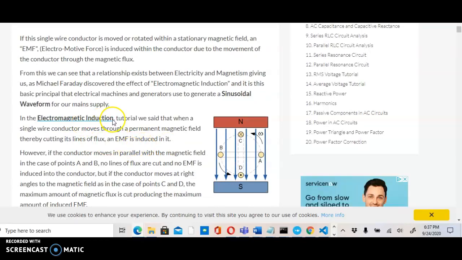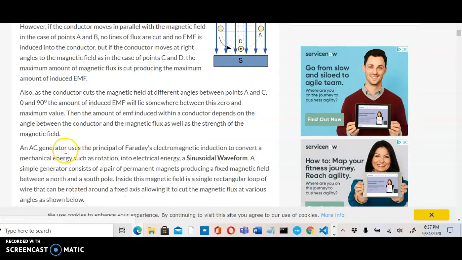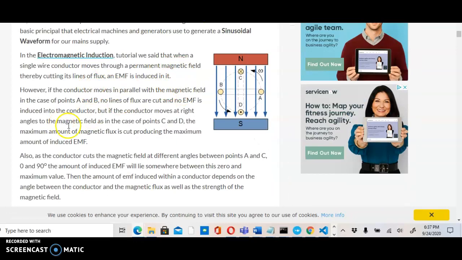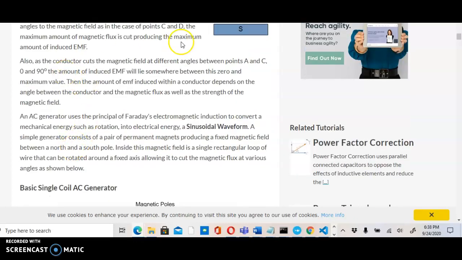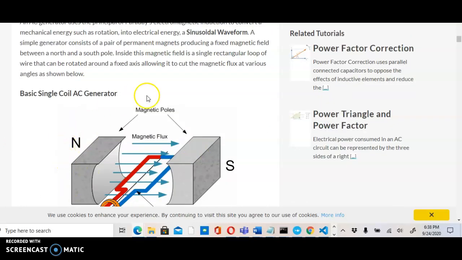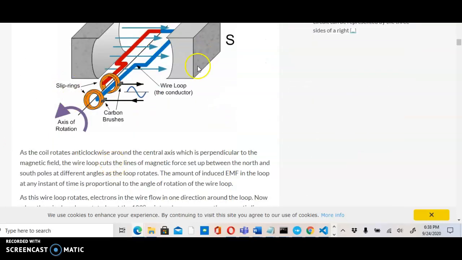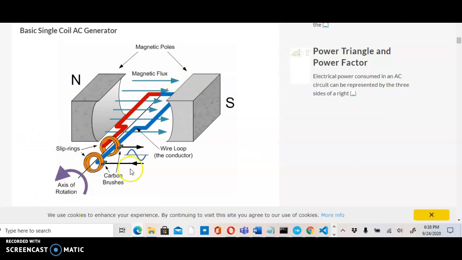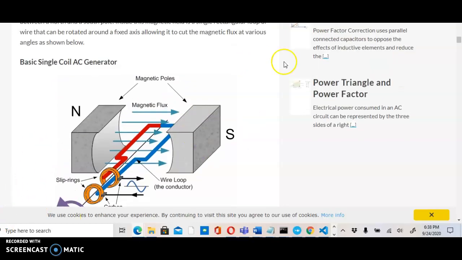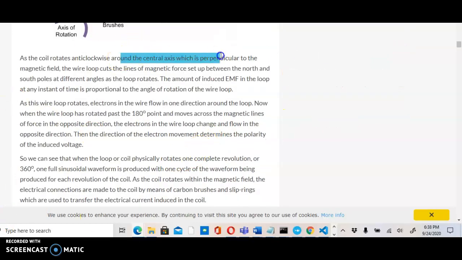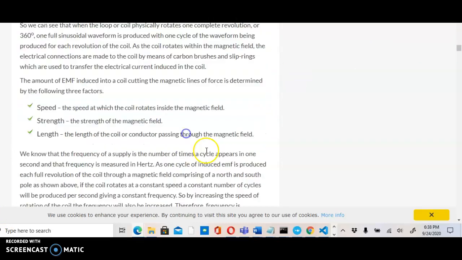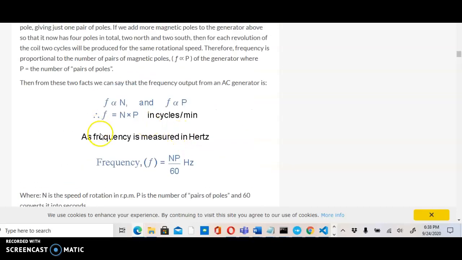Then you have electromagnetic induction, which is the EMF, and sinusoidal waveforms going on, and you have a magnetic pole, you have a magnetic flux in the middle, rotation is happening, you have this EMF in the loop going on, and you can calculate the frequency in hertz, which is 1 over 60 hertz.